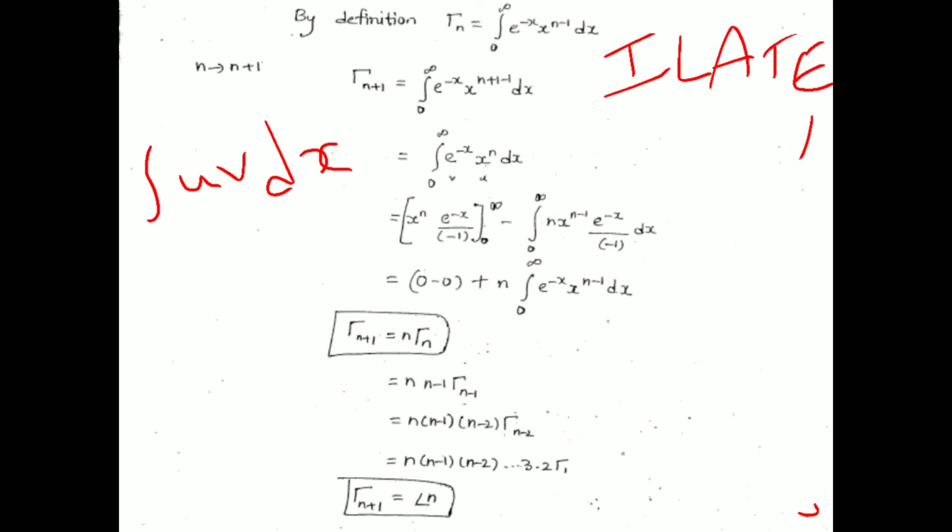Here x power n is nothing but an algebraic term, so first we take x power n as u, and v is nothing but e power minus x.